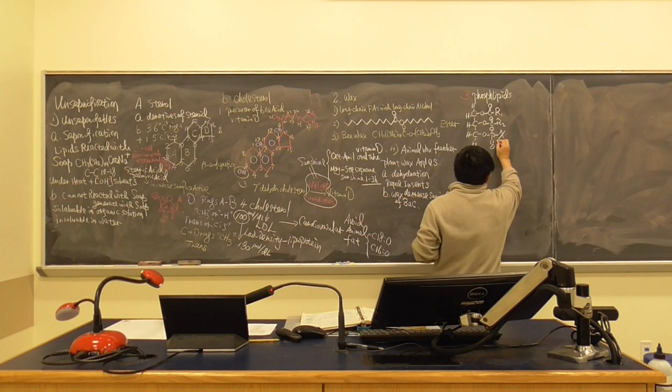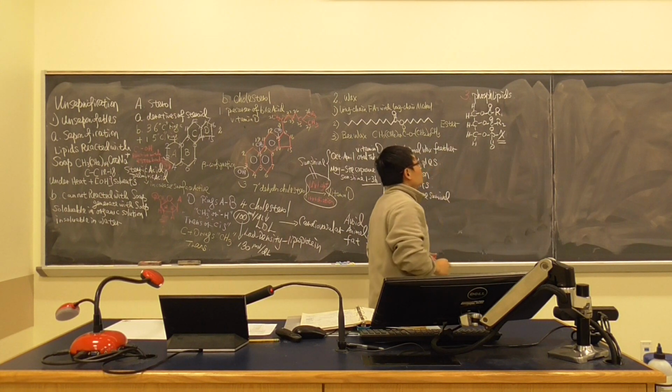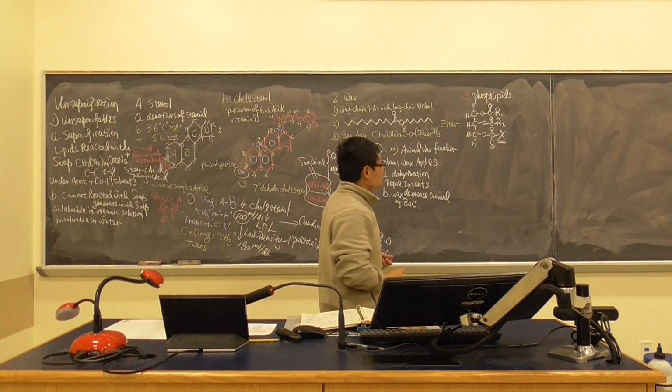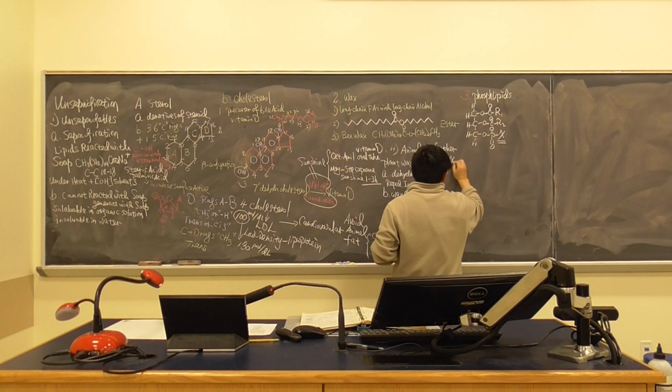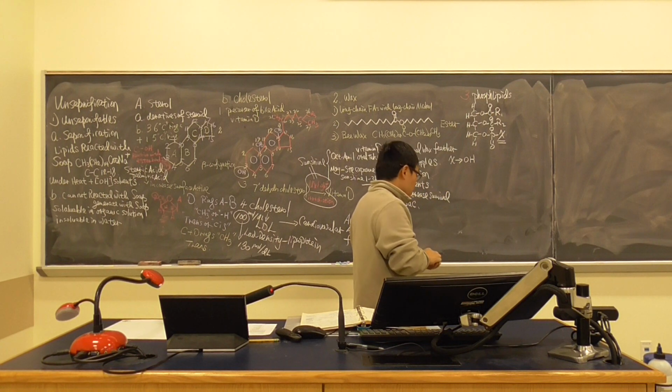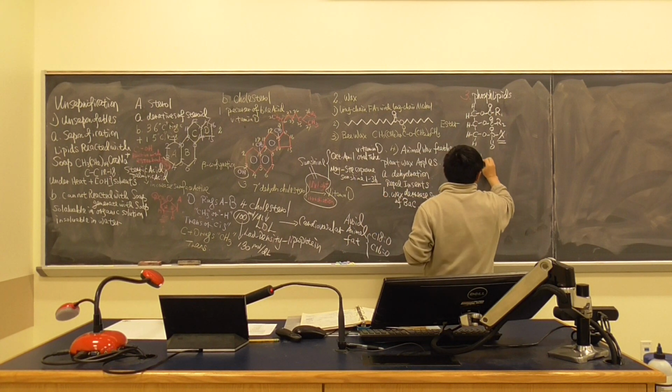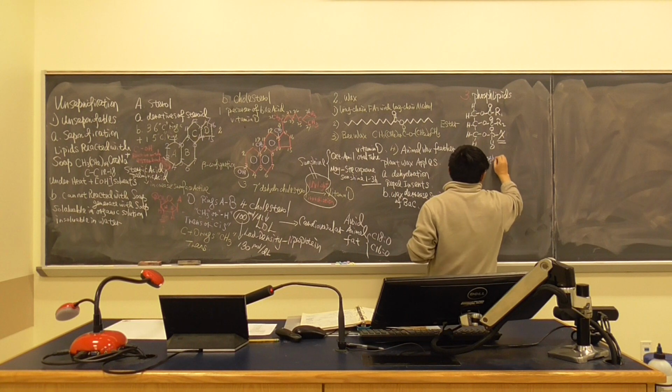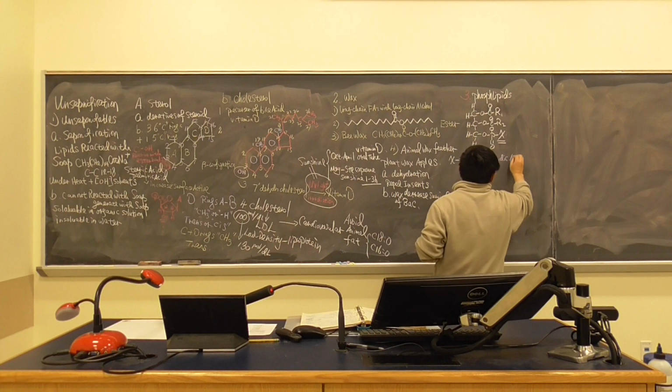The different types of phospholipids depend on the X. The easiest one, if X is OH, a hydroxyl group, we call phosphatidic acid. Very simple.